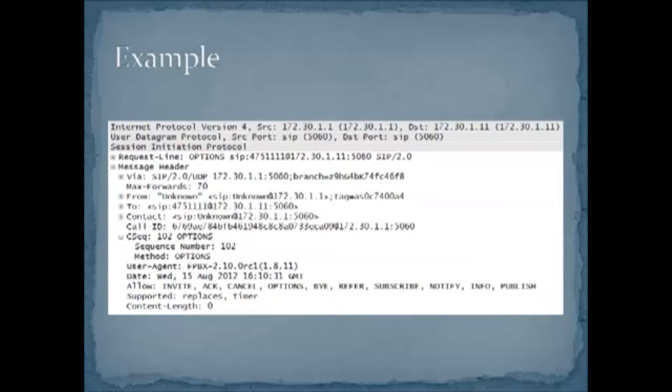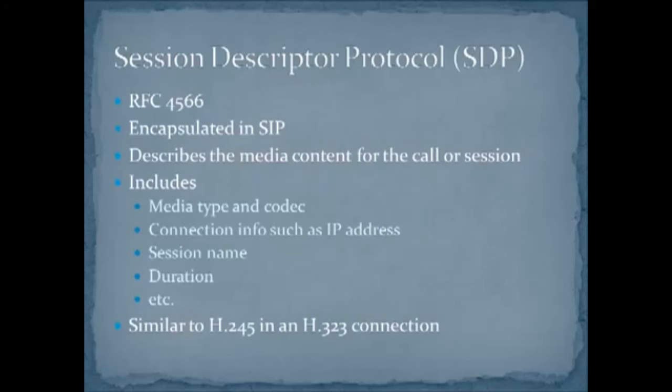And we can see the type of system, you can see the port number used, and so as we go through the videos, what we're going to be doing is tracking SIP conversations using messages like this. But one of the very handy things about SIP, especially when you compare it to protocols like H.323, is that it's very easy to read. It's very simple to see what's happening.